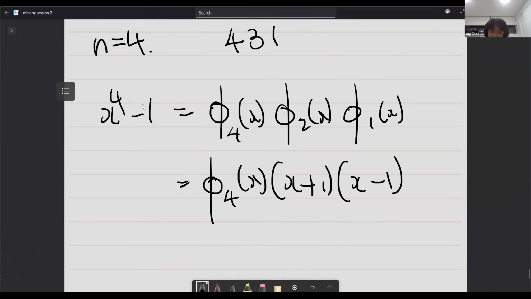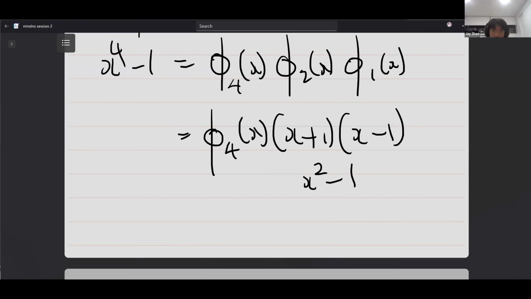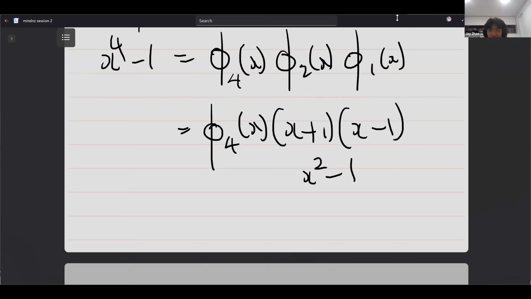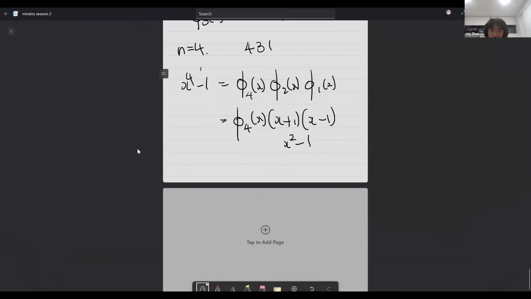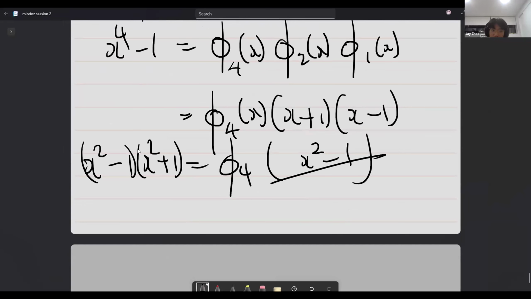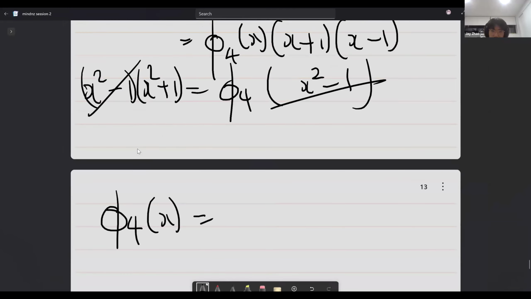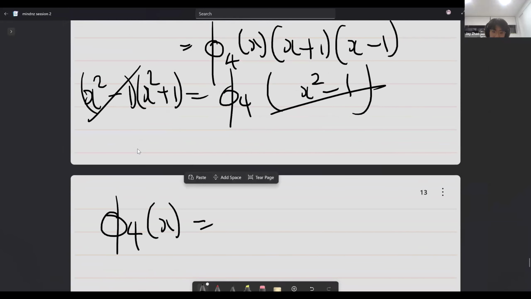And then notice that this gives us x squared minus 1, and you can factor out x squared minus 1, x squared plus 1 out of this. So then divide out by this, and you get the fourth cyclotomic polynomial is x squared plus 1.